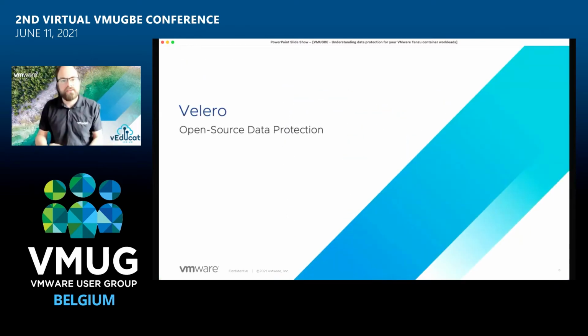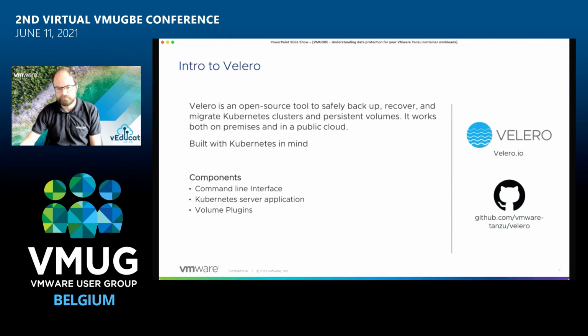So let's start diving into some of the options that we have available for data protection today. So first, I'm going to start talking about Velero. It's our open source data protection. It came across with us as part of the Heptio acquisition, and I believe the original name for it was Heptio Ark, and that's been renamed and given to the CNCF as an open source project under the name Velero.